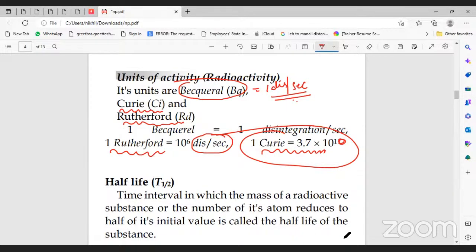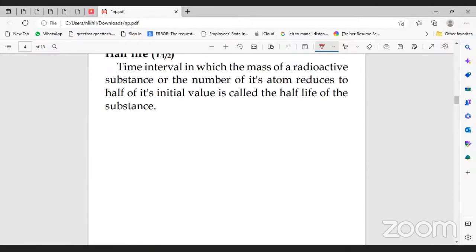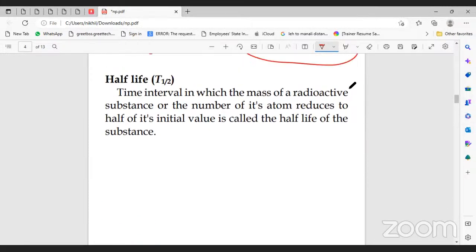Next, you must know the concepts of half-life and mean life, students. What is half-life and the mean life? Suppose I consider a sample having 100 nuclei. To make this exactly half, that is 50 nuclei, 100 nuclei has to come to 50 nuclei.